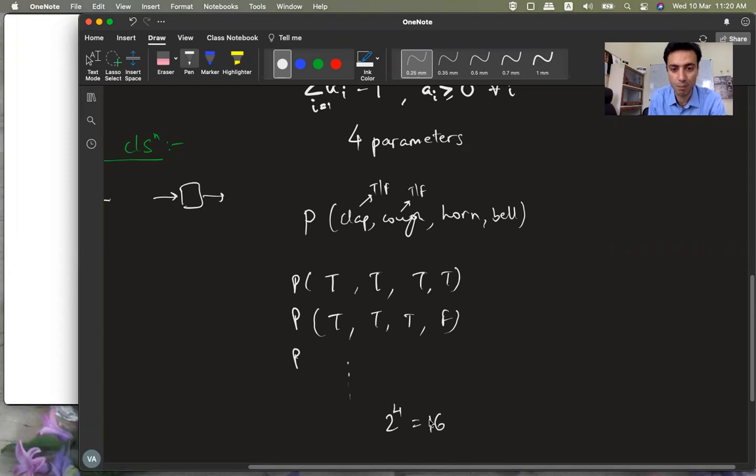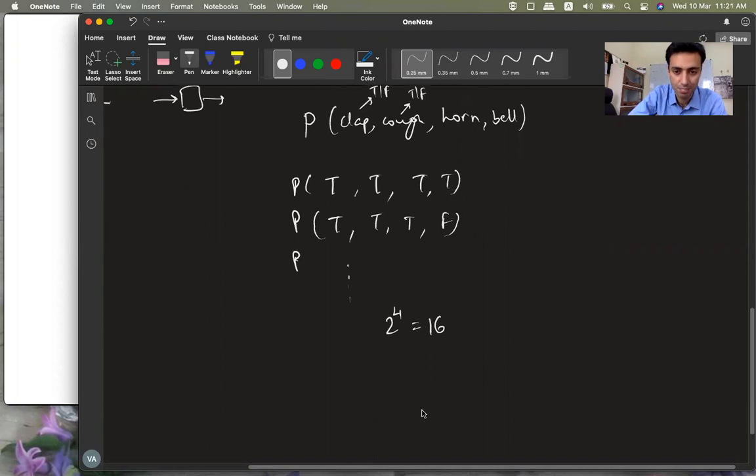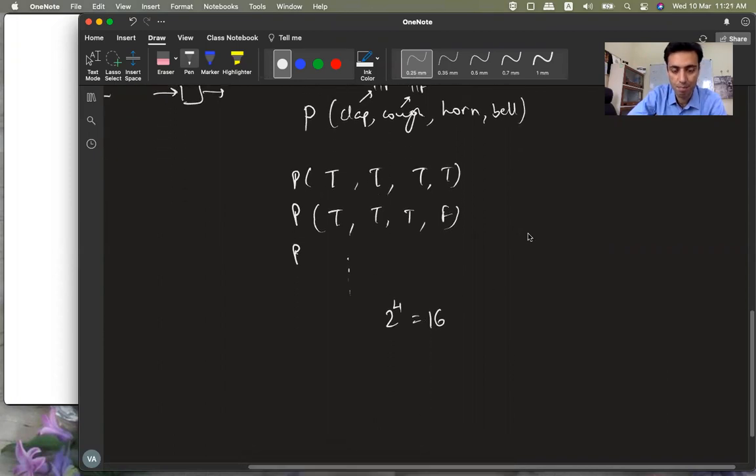So we have 16 parameters. Is it true that we have 16 parameters? There is a constraint. What is that constraint?